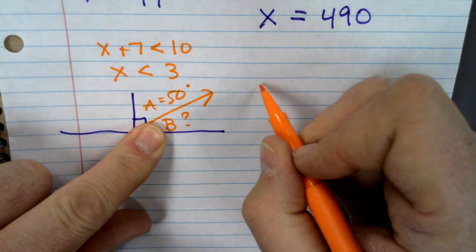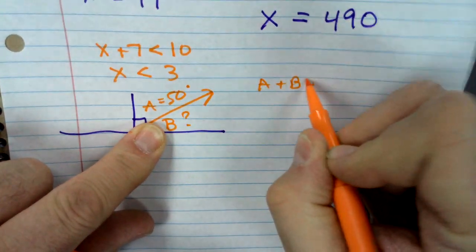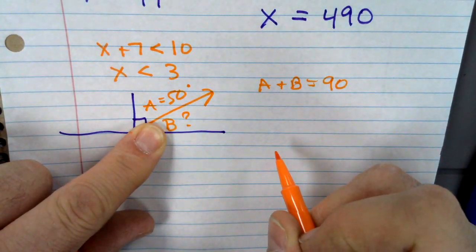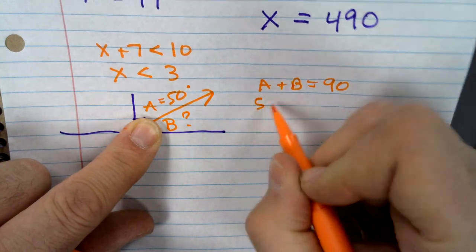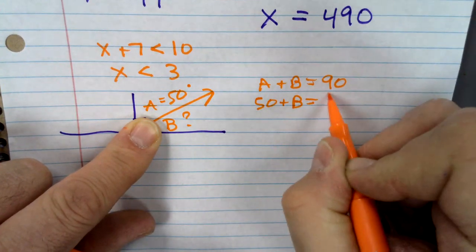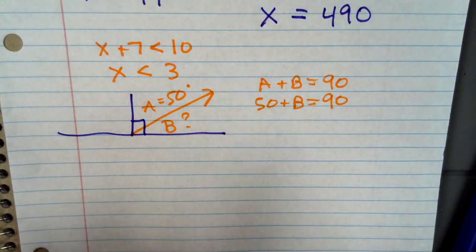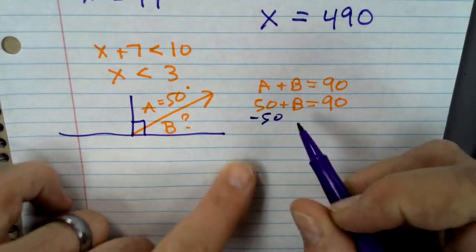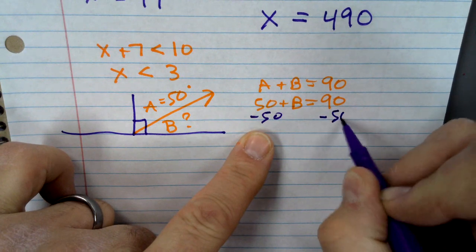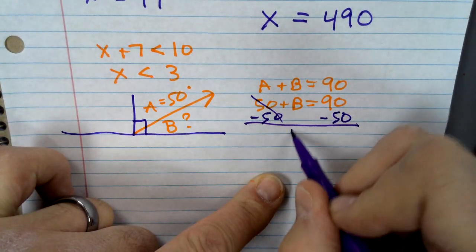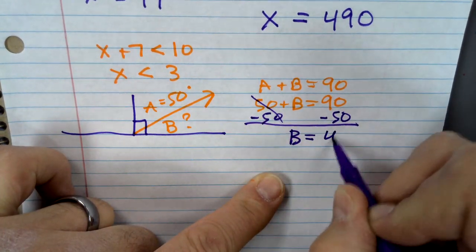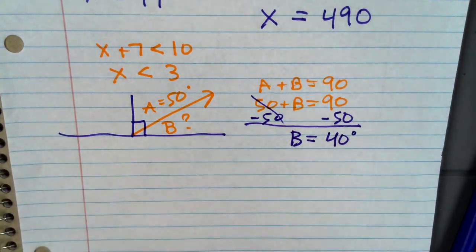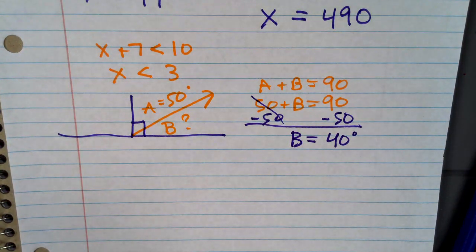Well, you know that A plus B equals 90, and A is 50. So you're just doing algebra. What's the opposite of plus 50? Minus 50. Whatever you do to one side, you've got to do to the other. Cross it out. B equals 40 degrees. Don't forget the degrees.